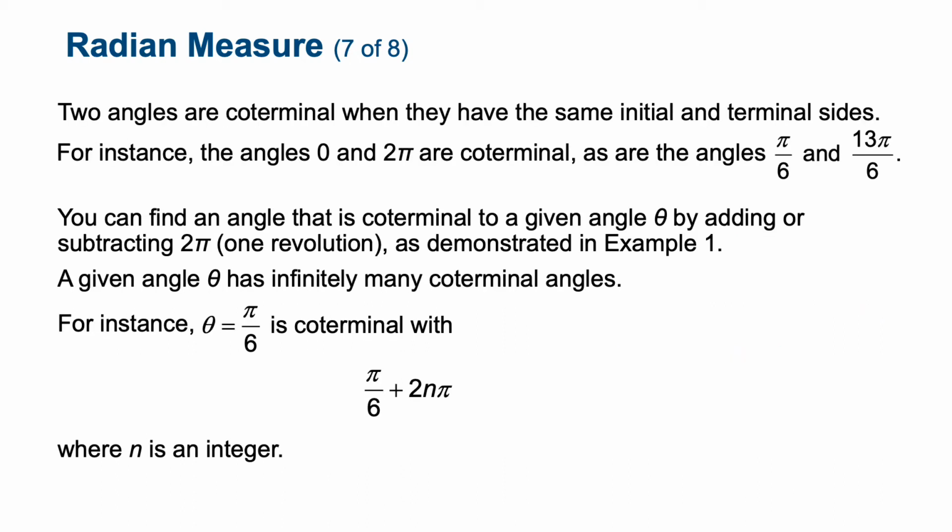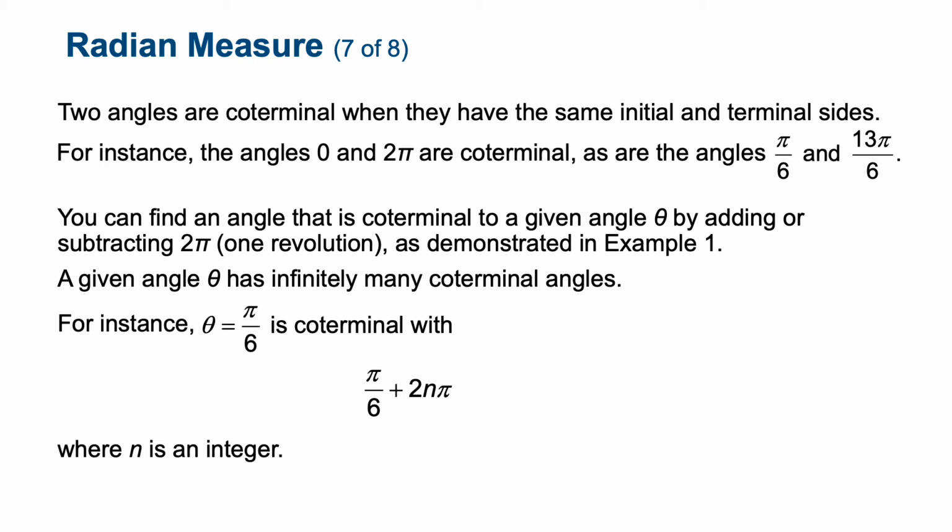Two angles are coterminal when they have the same initial and terminal sides. They start in the same place, they end at the same place, but some might be going one direction and the others another direction. The angles 0 and 2 pi are coterminal because they both talk about the positive x-axis, as are the angles pi over 6 and 13 pi over 6.